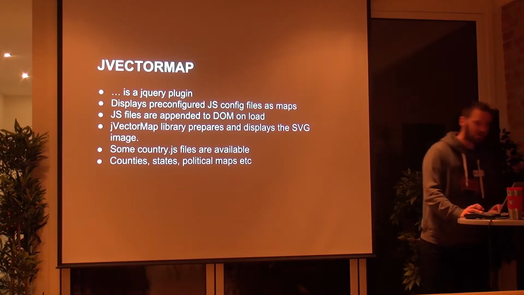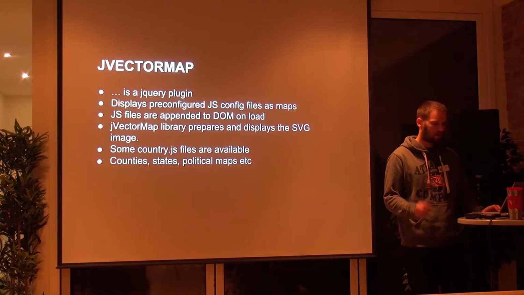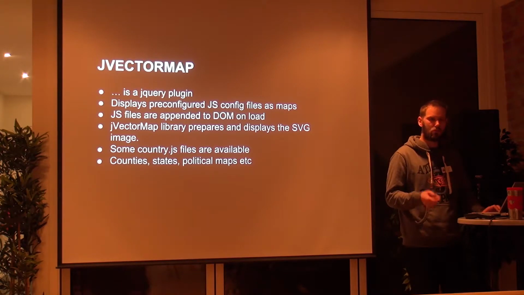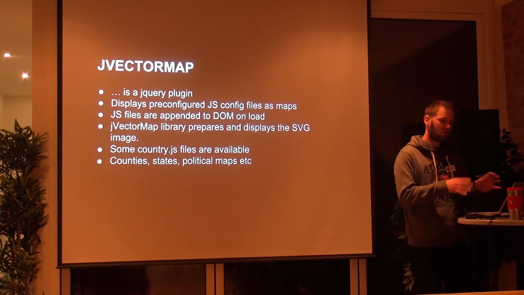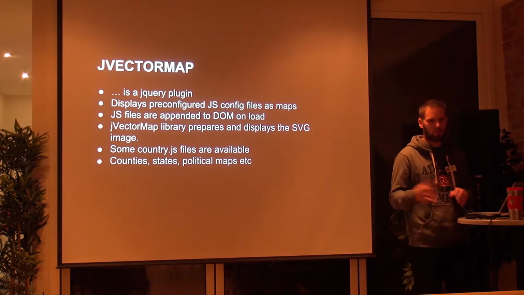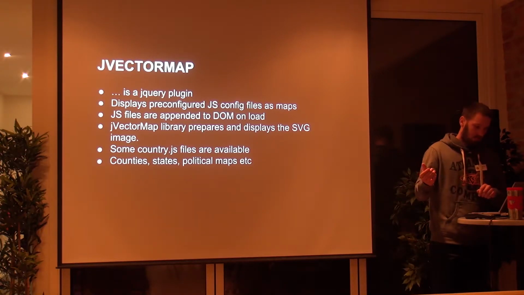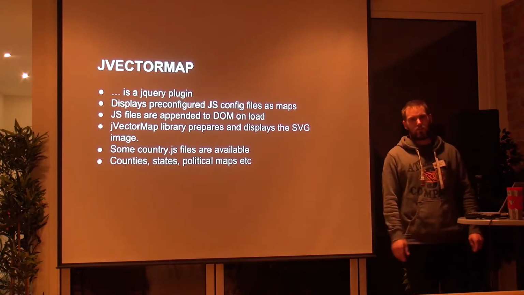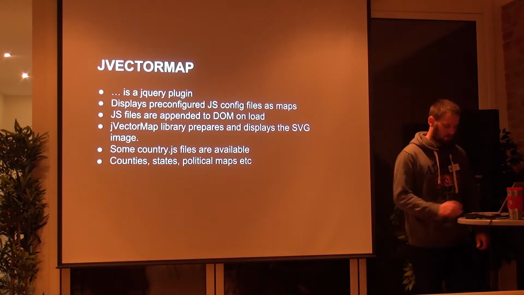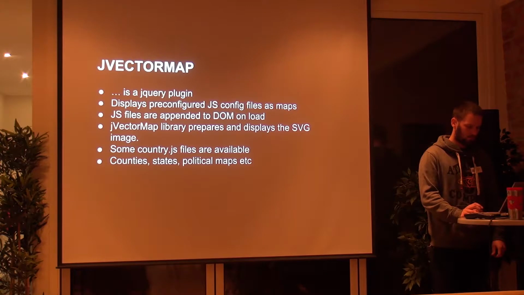The Jvector map library, the jQuery library, prepares and displays the SVGs on the page. So it basically translates a JS file into an SVG. And it's basically countries, states, maps, and so on, which is what it is in use for right now.